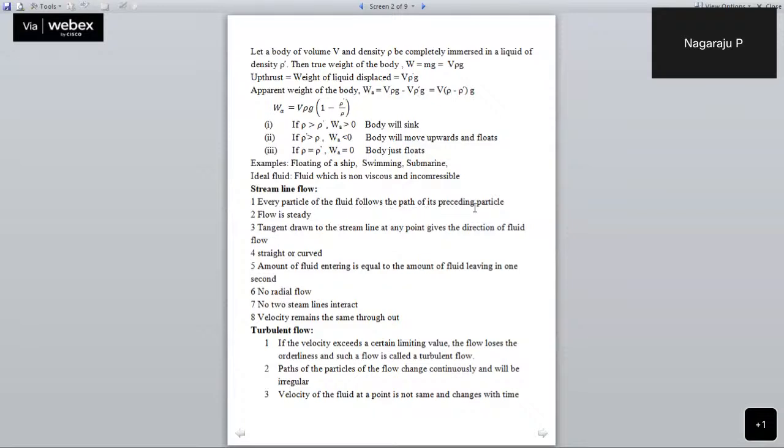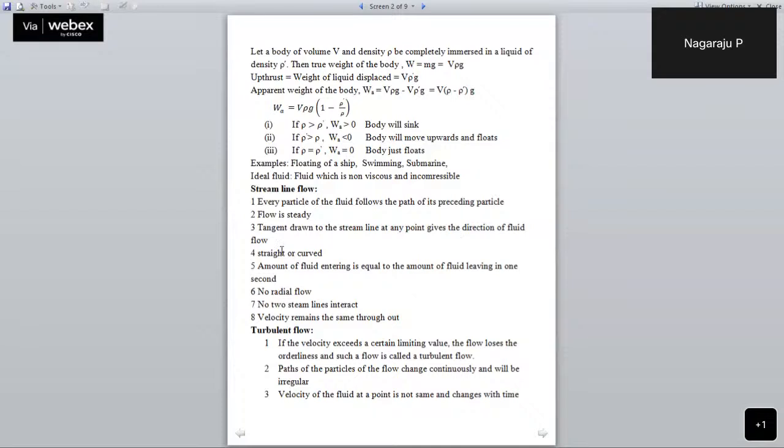That means the particle which is moving ahead and the particles following it will be in the same path, and the flow is steady. Steady in the sense it is almost like a constant velocity. In other words, there is no change in velocity with respect to time. And if you draw a tangent to the streamline at any point, it gives the direction of the fluid at that point.